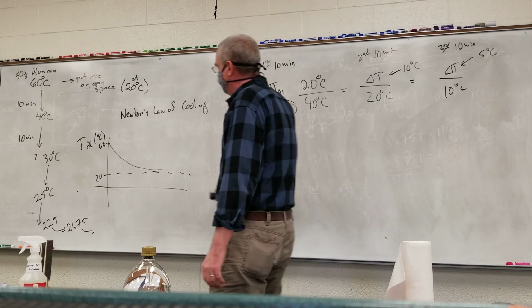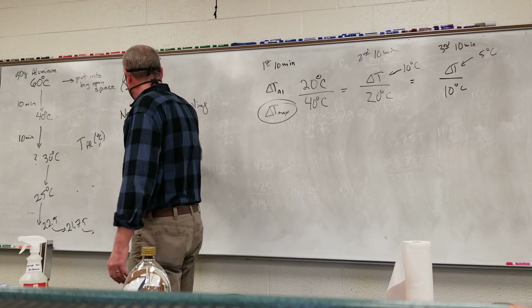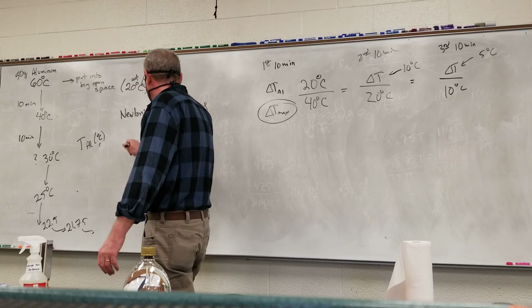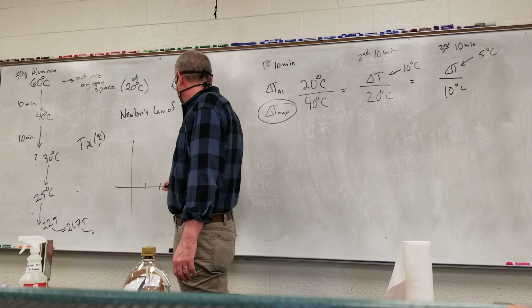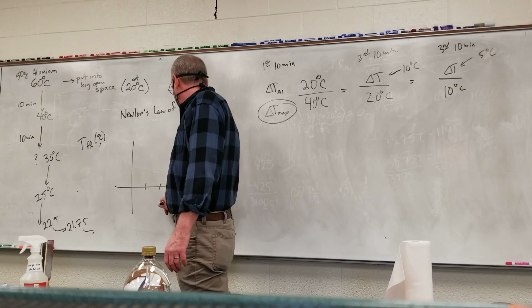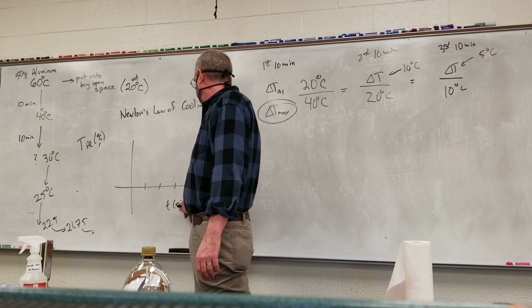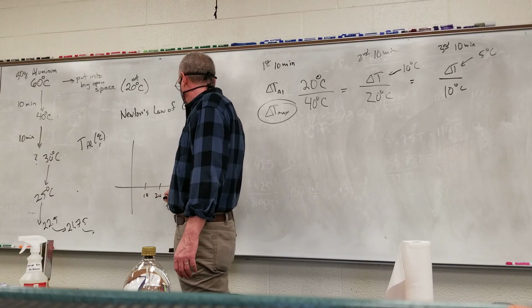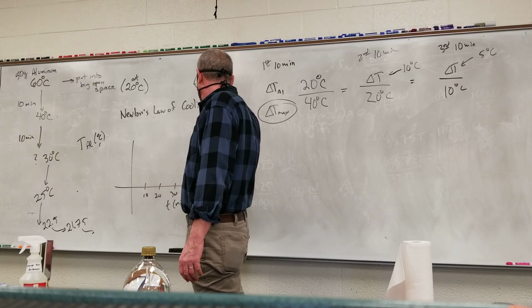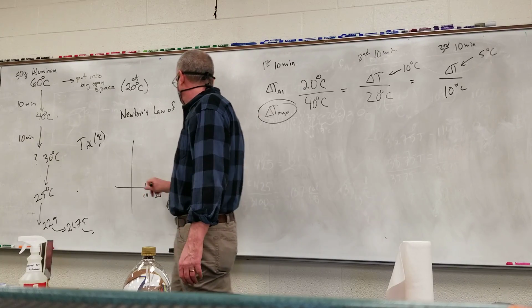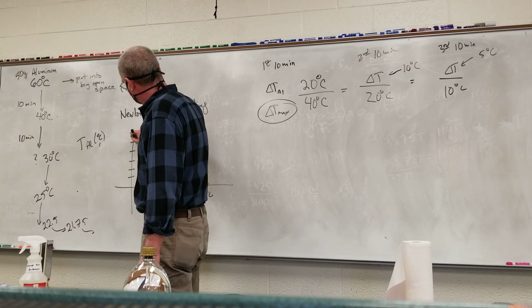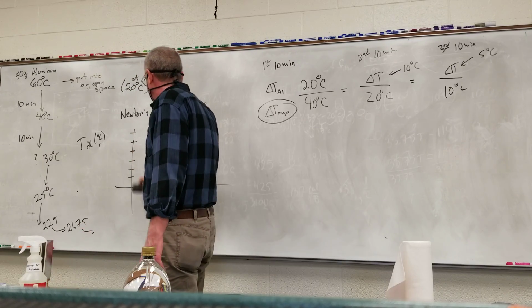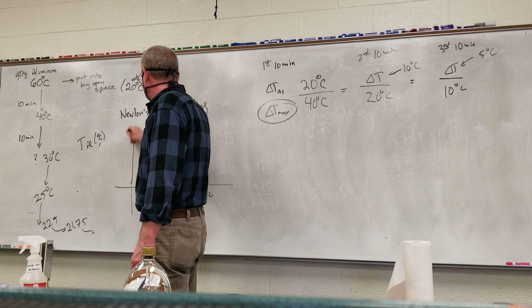So if I had some sense of plotting properly here, let's see how well this will actually show up. So these will be 10-minute increments. So time in minutes. So 10, 20. I am going to take an attempt to do that a little bit better.